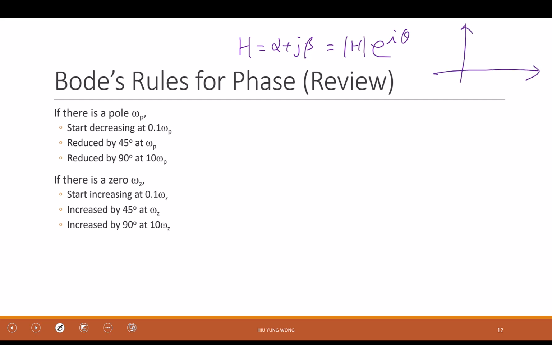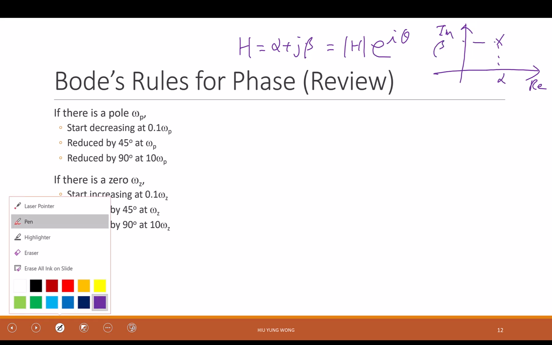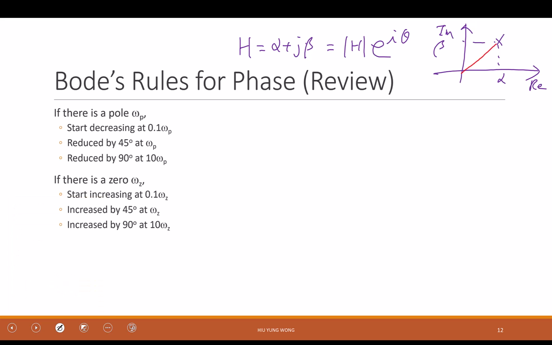Yeah. For example, this is real. This is imaginary. You have a point here, right? This is alpha. This is beta, right? And then, of course, you can say, okay, how about I say this is the magnitude of H, right? And this is theta. I just remind you about this.